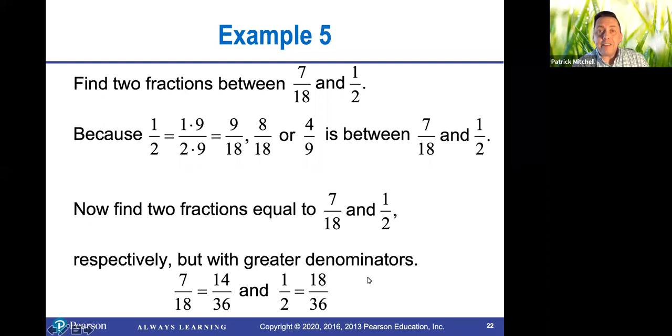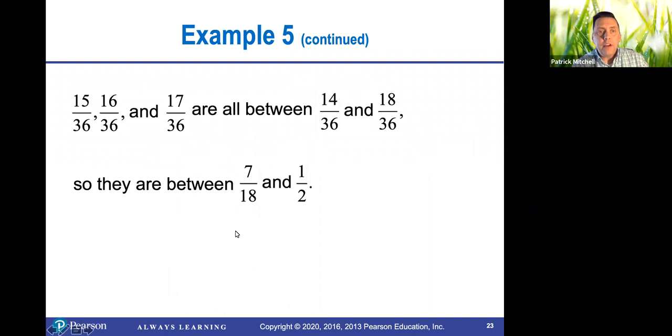So I can actually see three fractions that are between those two. 15/36, 16/36, and 17/36 are all between 7/18 and 1/2.